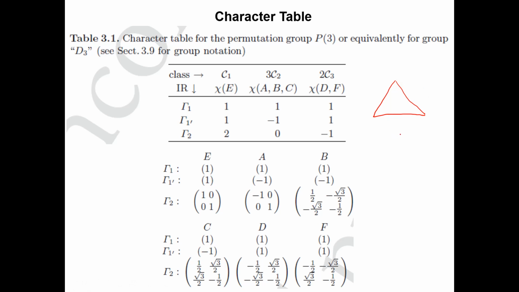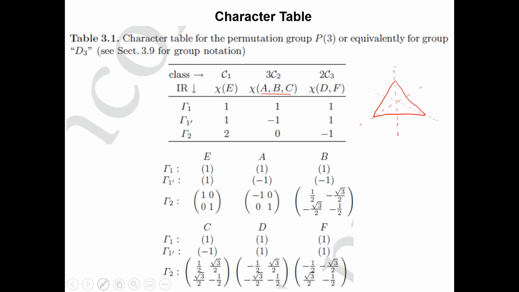and we had these three different symmetry axes of the triangle, such that if you rotate about those axes by pi, these correspond to symmetry operations of the group. So these are the three symmetry operations A, B, C, and they belong to the same class.